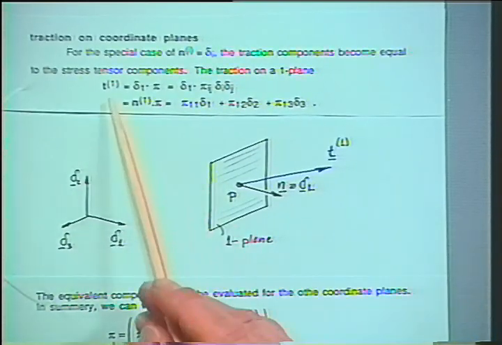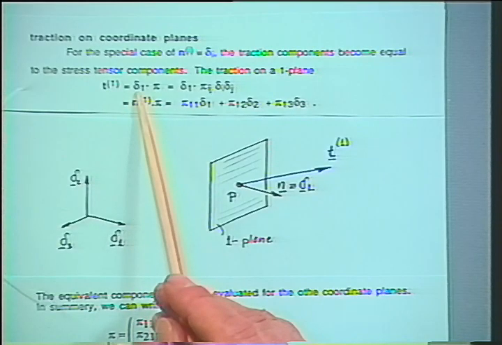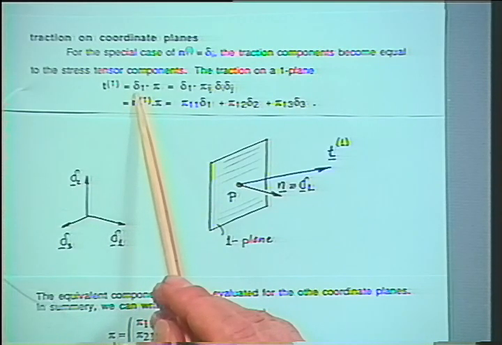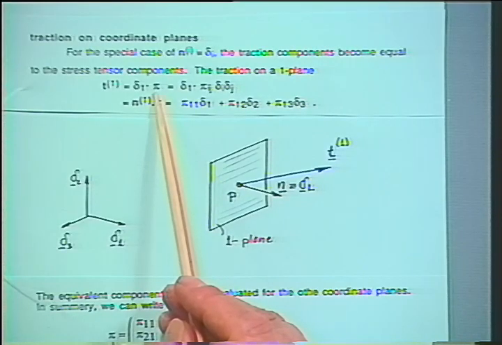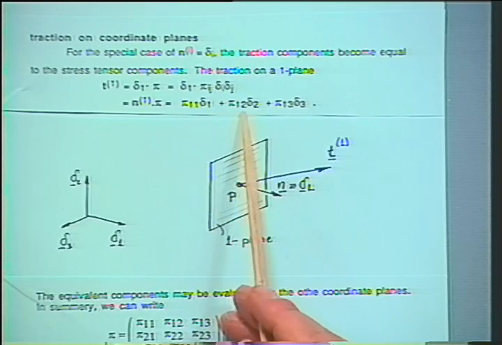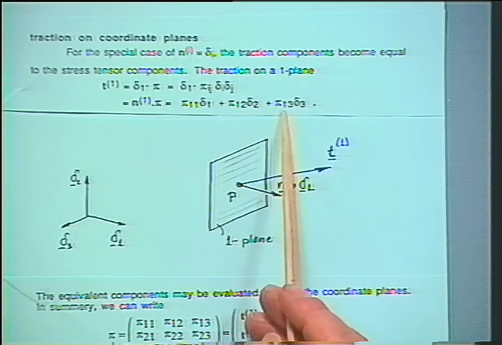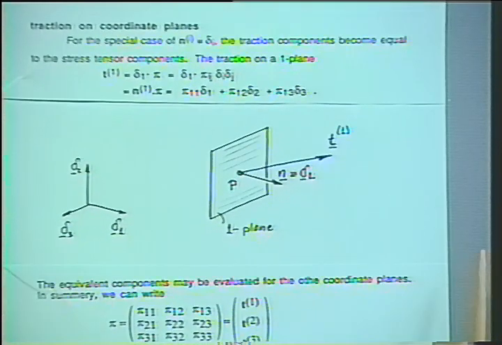On the 1 face, this first traction vector is given as delta 1, that is, n is equal to delta 1 times the stress tensor. And that gives us the components pi 1,1 delta 1 plus pi 1,2 delta 2 plus pi 1,3 delta 3, those 3 components.